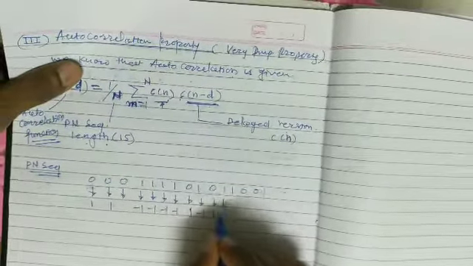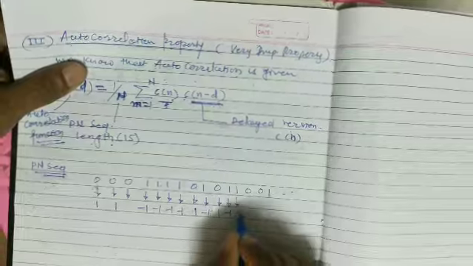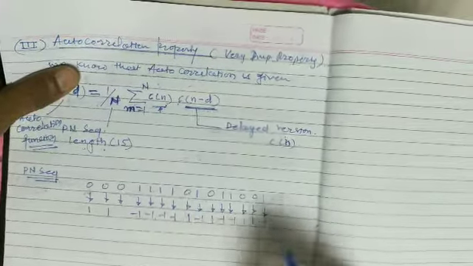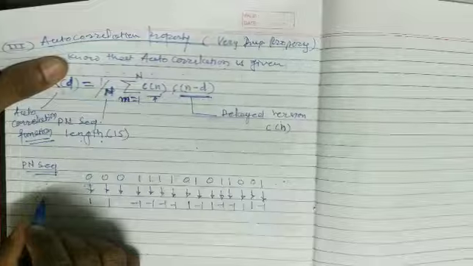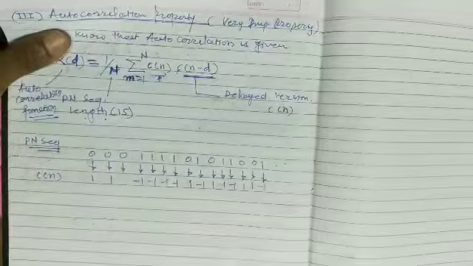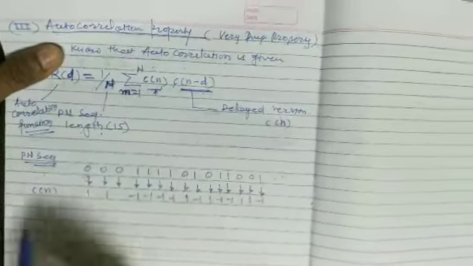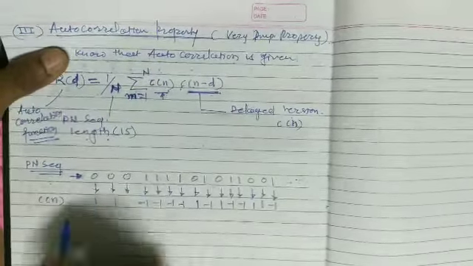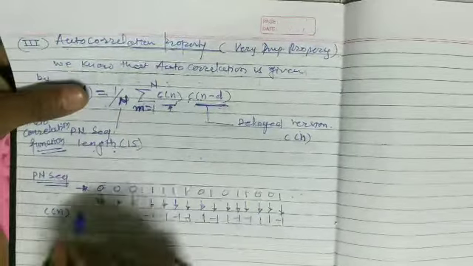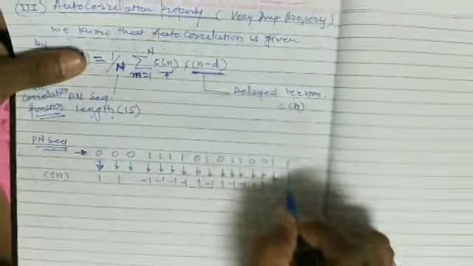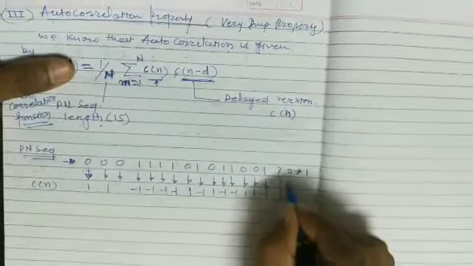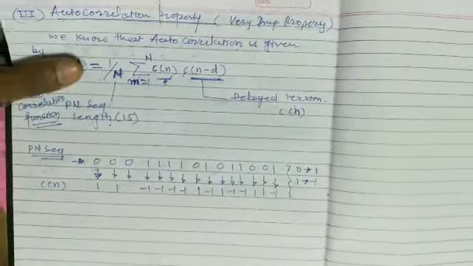Now we'll call this particular signal C of n. This was the original bit sequence that we obtained as a PN sequence. Now we are converting it by the substitutions, where 0 will be treated as 1 and 1 will be treated as -1.